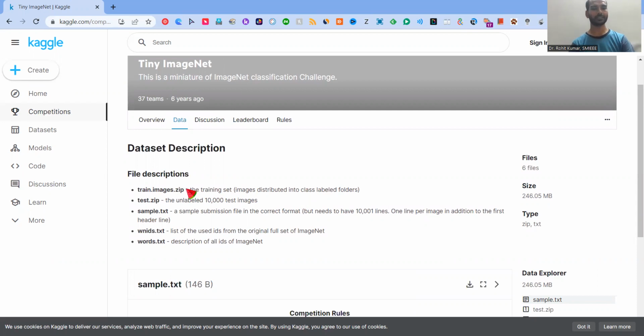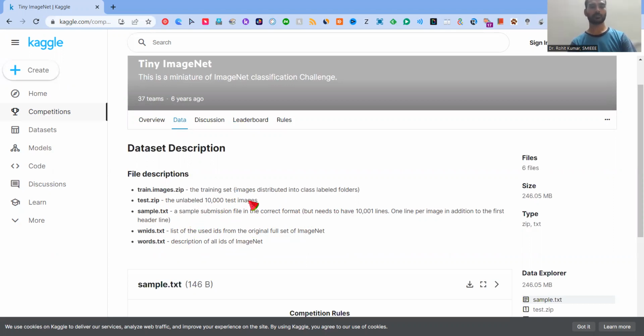Here you can see that they have bifurcated the original Tiny ImageNet into two different parts, training and testing, and then sample.txt, wnids.txt and words.txt are there. words.txt is the description of all IDs. wnids.txt is for the original full set of ImageNet, and sample is going to have the correct form of the submission file, with one line per image in addition to the specific header line they have given over here.